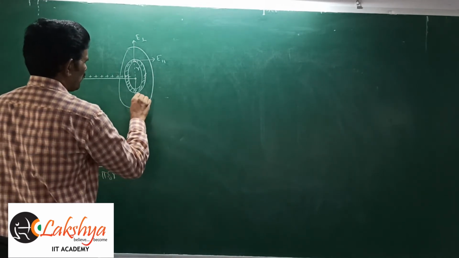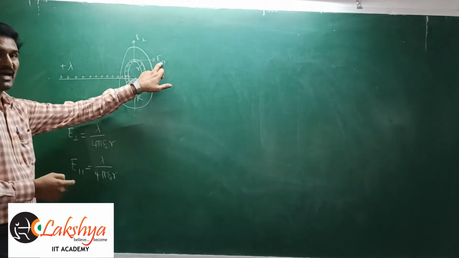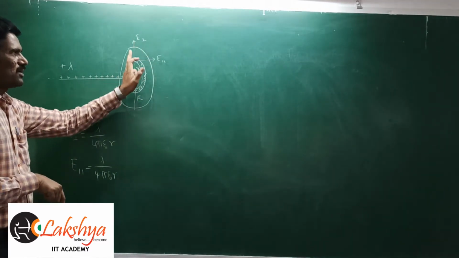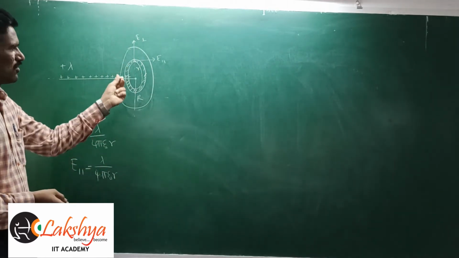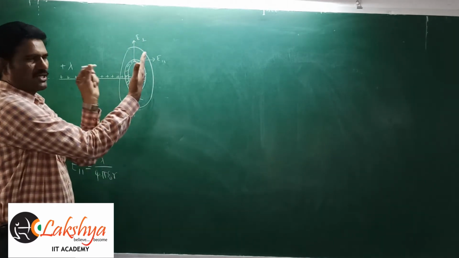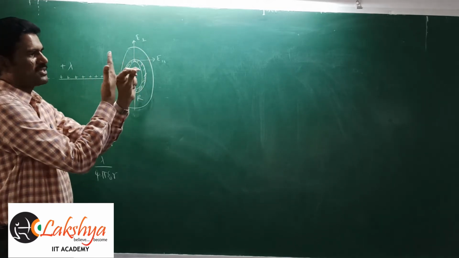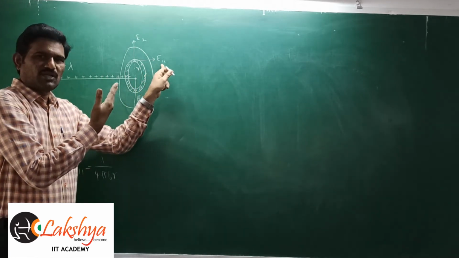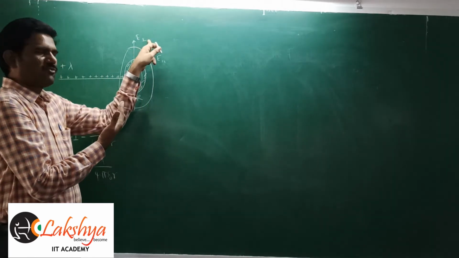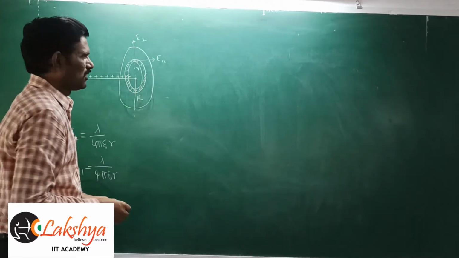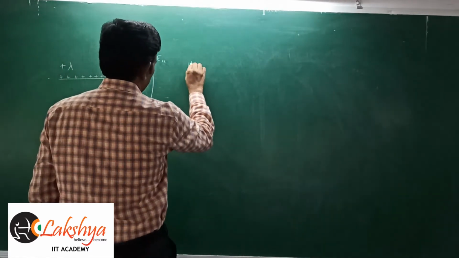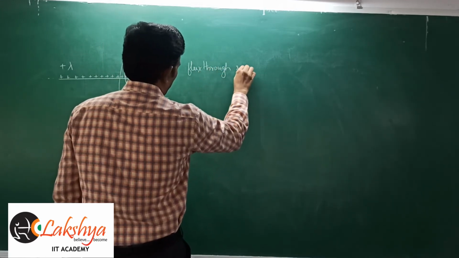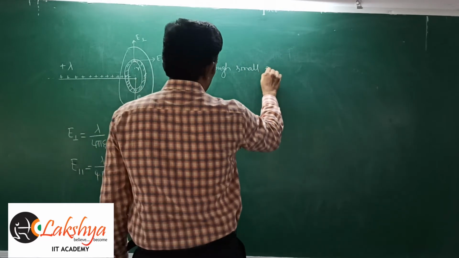The flux will be there only due to the component of electric field parallel to the line of charge, because the area vector of the circular ring plane points along the line of charge. The parallel component is parallel to that area, so flux will be there, whereas the perpendicular component is perpendicular to that area, so no flux. Therefore I can write the flux through a small element.